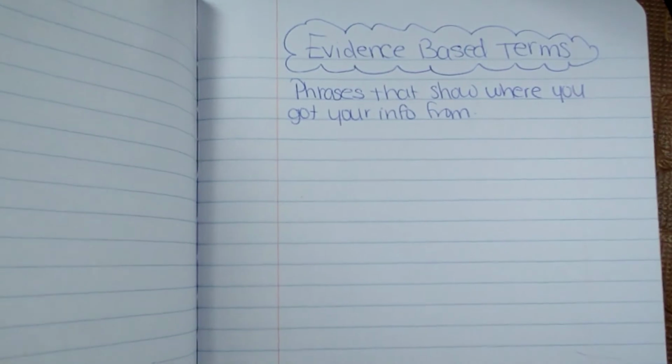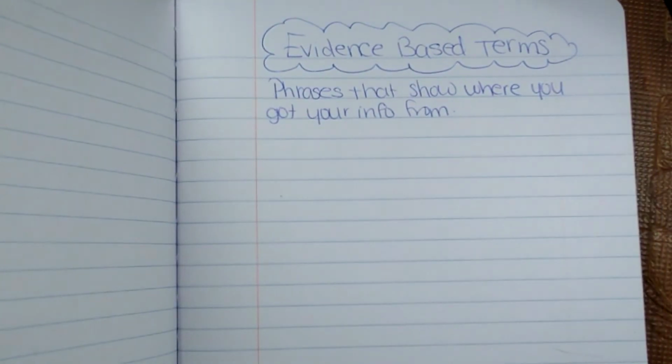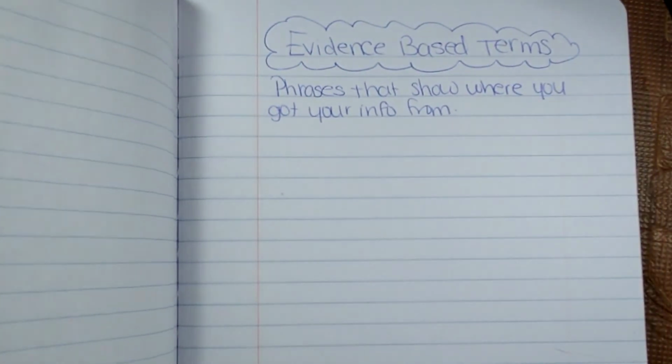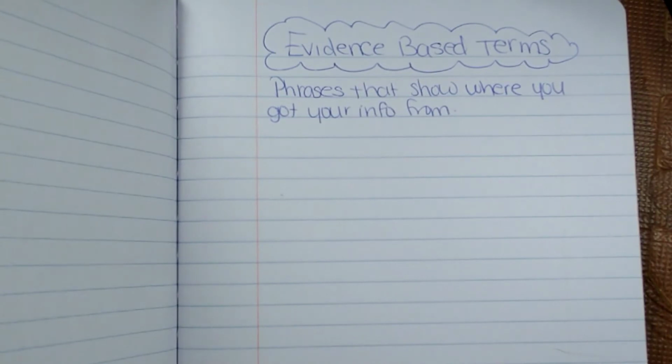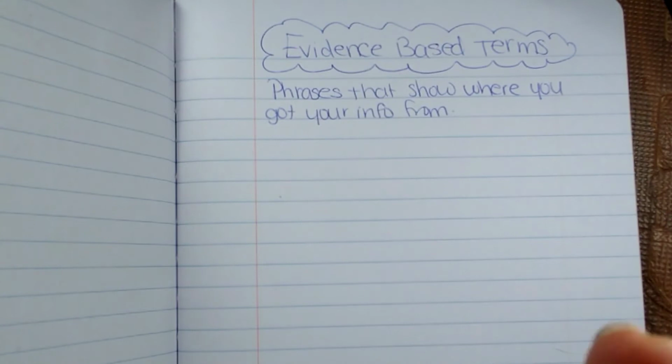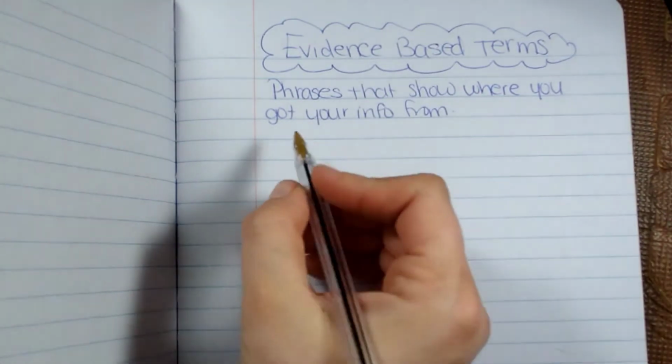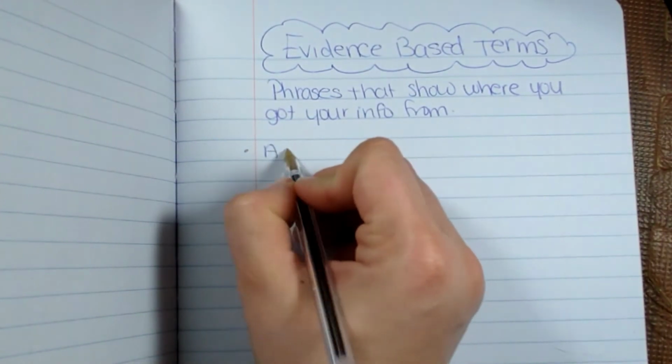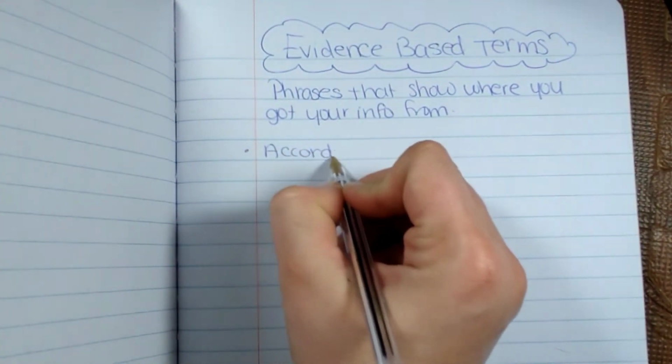It basically tells the reader that you are about to tell them something that came from what you read. You're either going to provide evidence in the form of a paraphrase or in the form of a direct quote. So some of them could be, I'm not going to give you a huge amount because you want to stick with a couple.